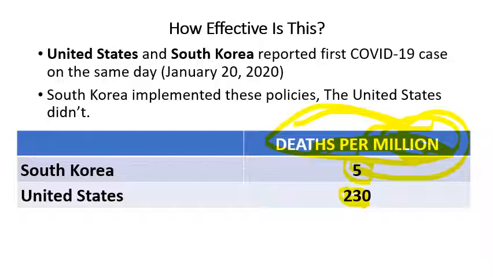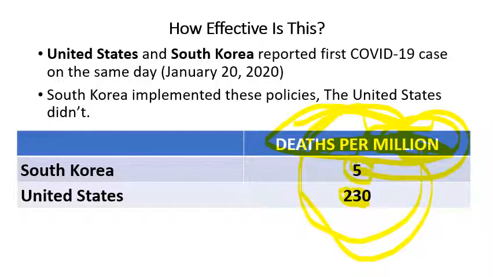So you prorate the data. Instead of talking about the number of deaths, you talk about the number of deaths per million. So these data are directly comparable to each other, and it doesn't matter that Korea has a smaller population than the United States.